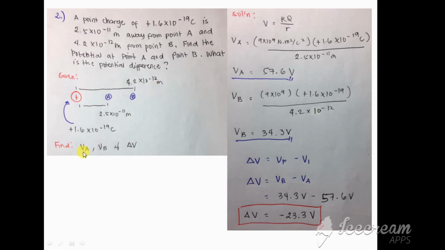Now we are asked to find the electric potential for A and point B, and the potential difference between the 2 points.